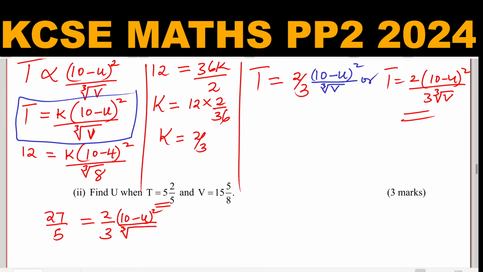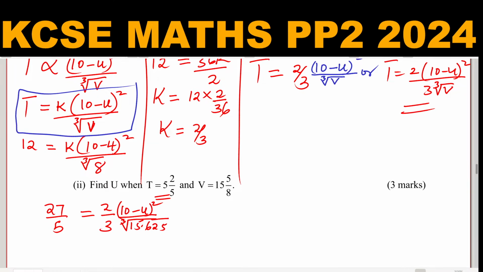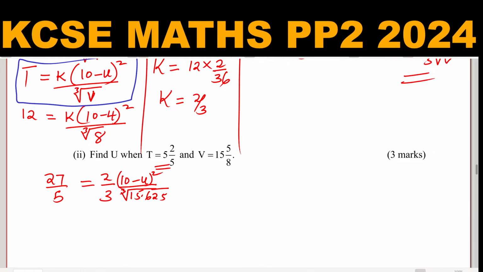So you can decide to change that one to a decimal. So 15 and 5/8 will be the same as 15.625, just to make things easier.